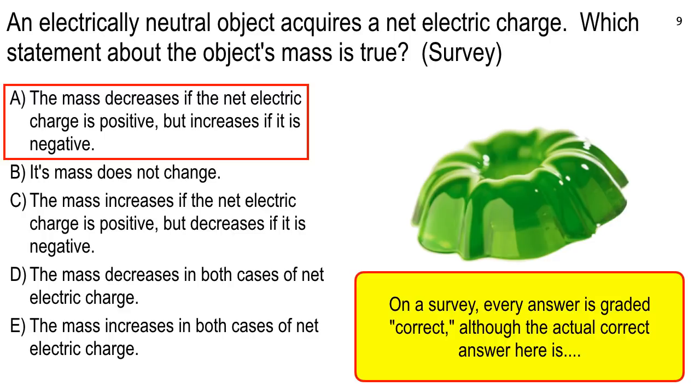And the reason for that is when something of normal size, other than an atom, and even atoms really, acquires charge because electrons have moved into it, making it a net negative, or they've moved out of it, making it a net positive. So if it's positive, it's lost a few electrons. So technically that means its mass is a little bit less.